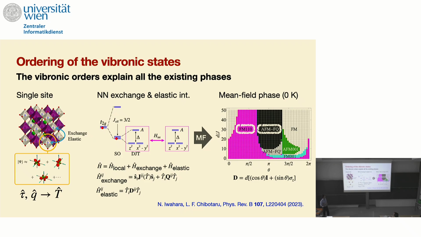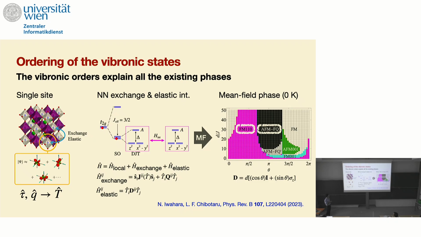And now we want to consider what the effect of the dynamic Jahn-Teller effect is on the ordered phases. To this end, we developed a theory. On each site, we have the dynamic Jahn-Teller effect. To describe the physical quantities, we project every operator on a site into the low-lying vibronic states.